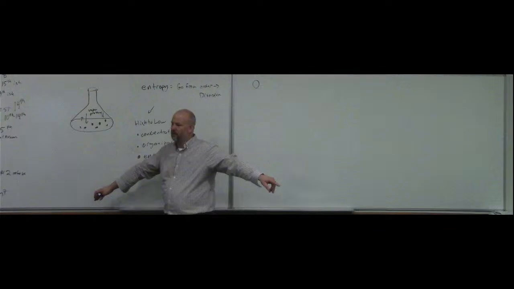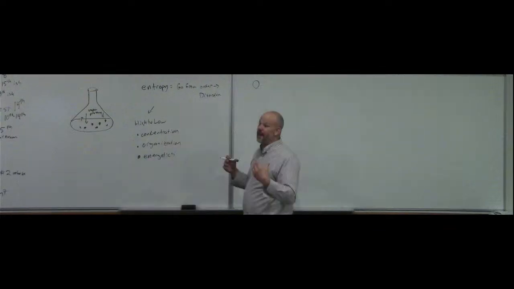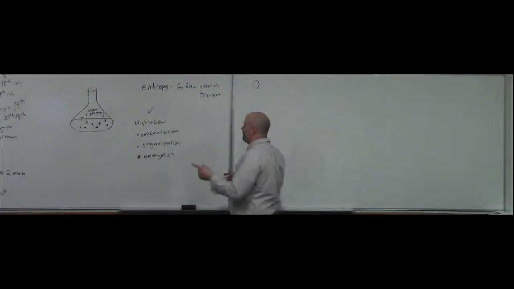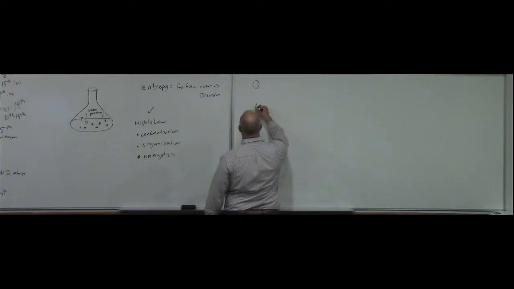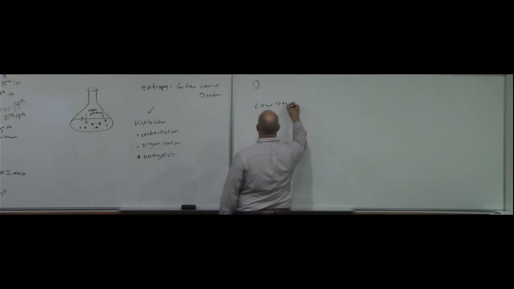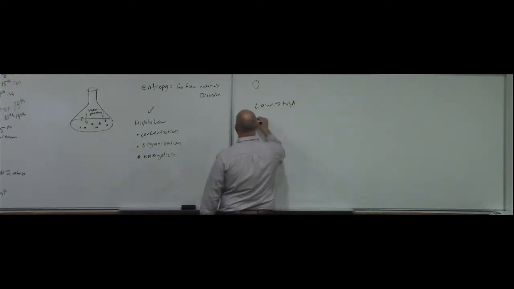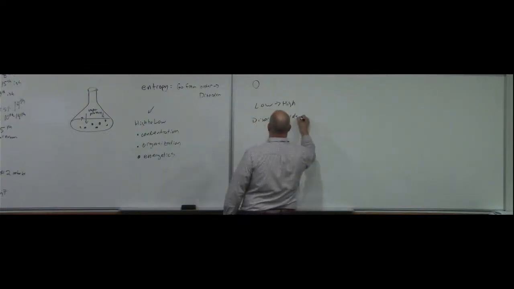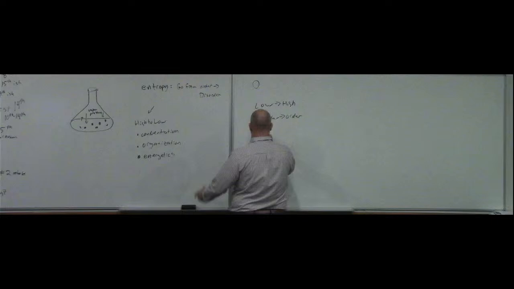One of the things I always say to my bio students is you're an anti-entropy machine. Like you're so good at this. The thing that gets you disease is entropy. Because you do this, you go from low to high. You go from disorder, you go from chaos to order.